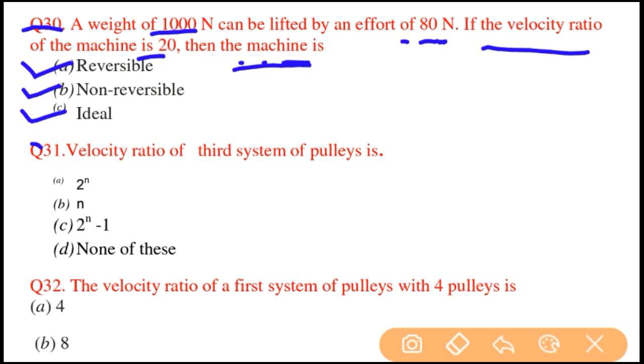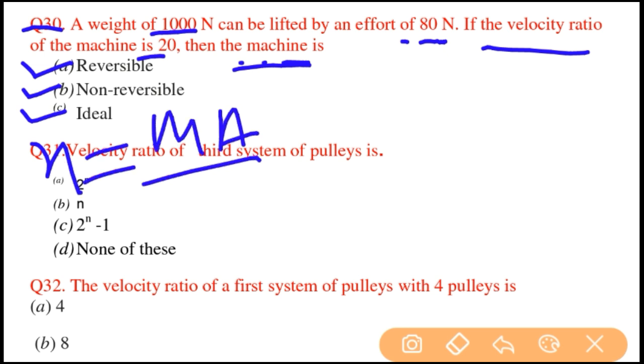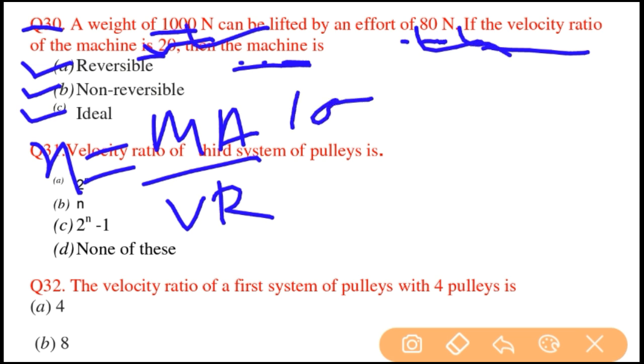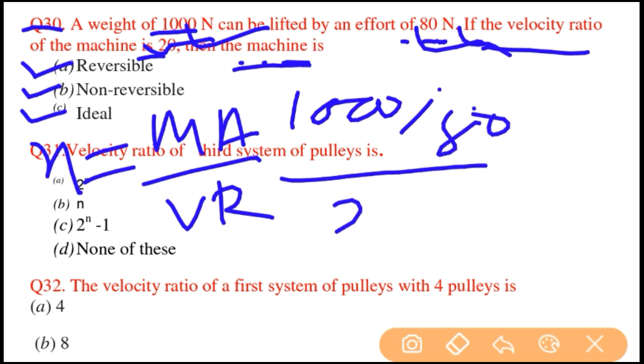So efficiency is given by MA, mechanical advantage, divided by the velocity ratio. Mechanical advantage is weight by effort, so that is 1000 divided by 80, divided by the velocity ratio 20.